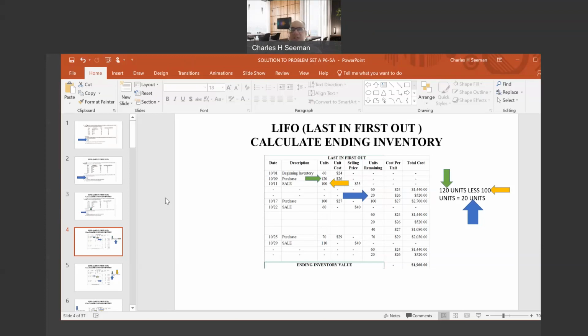And that leaves 60 units from 10/1 at 24 and 20 units at 26. So we had 120 units that we purchased on 10/9. We used 100 of them to satisfy the sale on 10/11, and that leaves 20 units left.